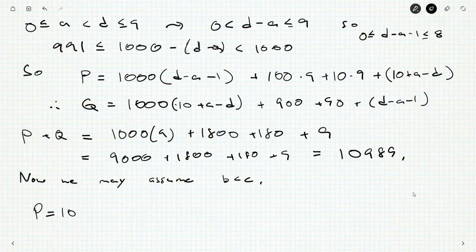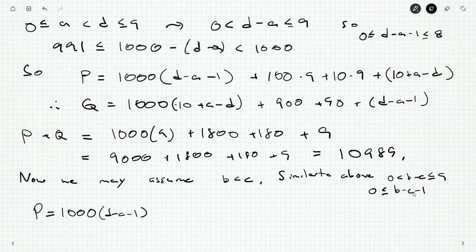So currently we've got P is 1,000 times D minus A minus 1. I'm going to say similar to above, 0 is less than C minus B is less than or equal to 9, and 0 is less than or equal to C minus B minus 1 less than or equal to 8.